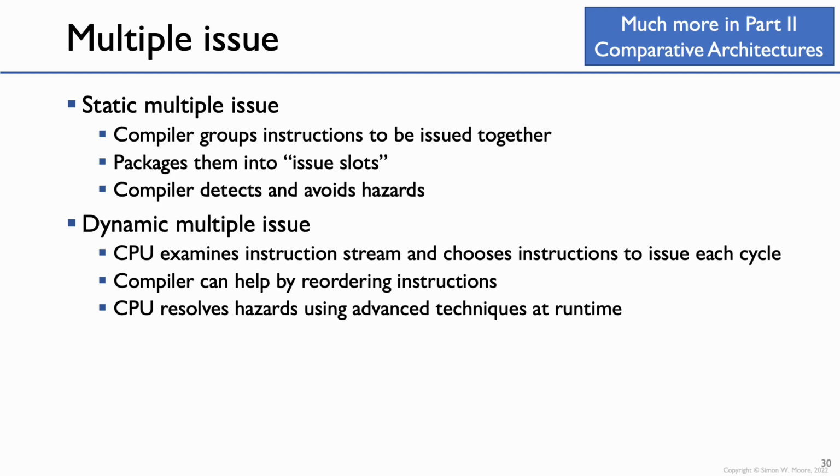Okay. The compiler can still help by trying to do things like load hoisting and various other techniques to reorder instructions to make the processor's life a little easier. But nevertheless, the CPU ends up resolving all the hazards using various advanced techniques at runtime.